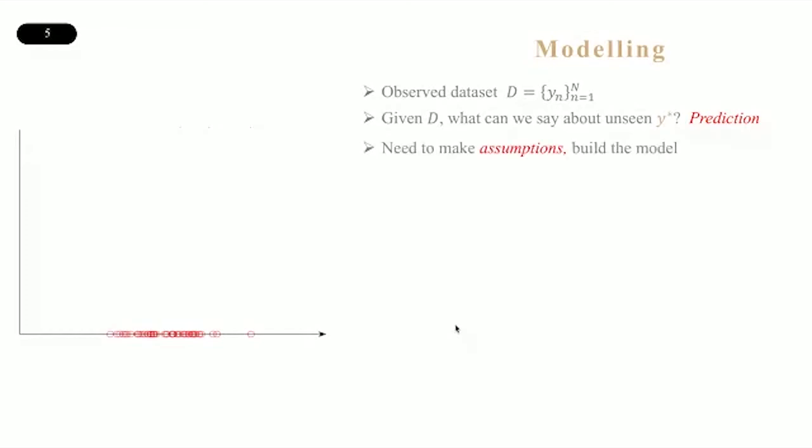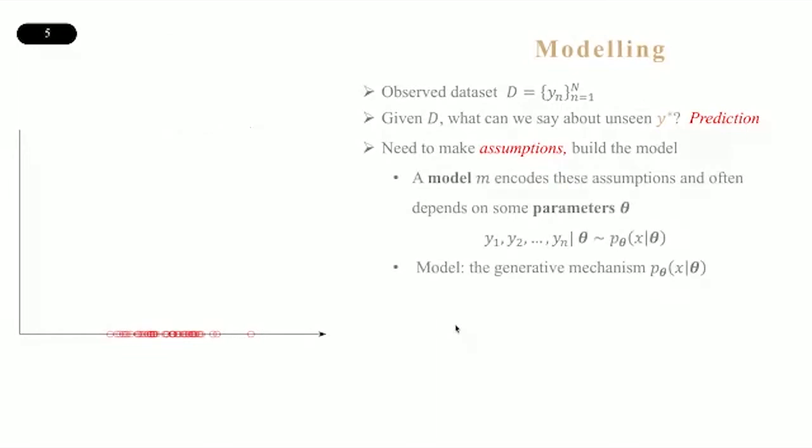The first step towards answering these questions is that we need to make some assumptions. The assumptions that we make are the ones that build the model. The assumptions are quantified in a model using the parameters theta, which are the parameters of the model. Given these parameters, I sample the data points from a probability distribution.